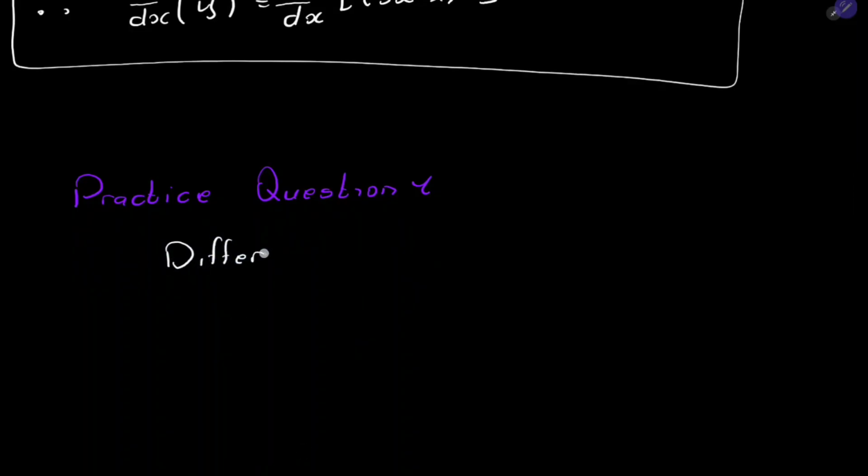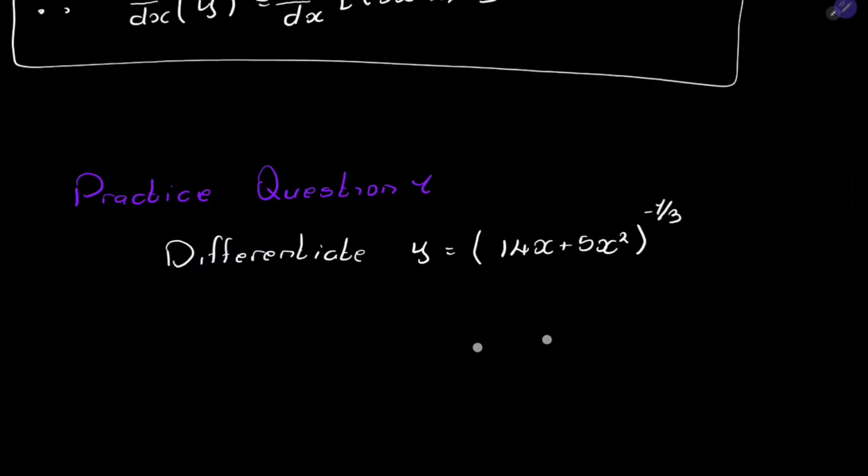Differentiate y equal to, let's say, (14x plus 5x squared) to the power negative 1/3.